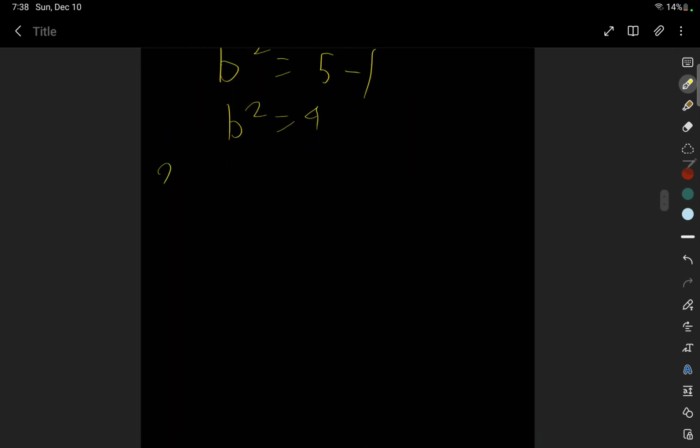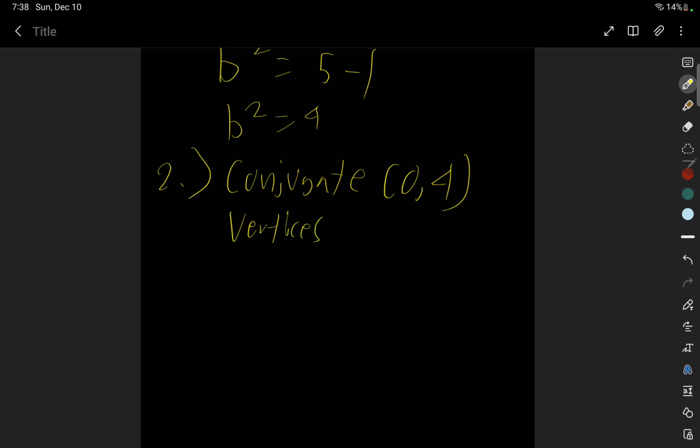Okay, for number 2, for example, you are given si conjugate mo, you have the endpoint of conjugate axis given, ang isa 0, 4. And then si vertices mo, given yung dalawang vertex at positive, negative 3 and 0. With this, napakasimple lang. Saan tayo mag-base ng orientation?